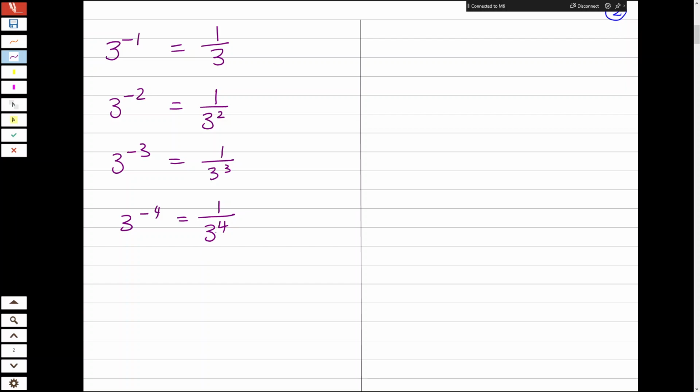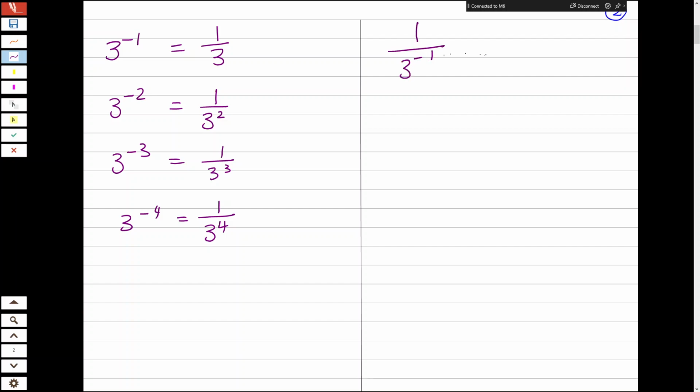How I think I've written it on the sheet. How can we put this in words? What's happening? If I have a negative power, what should I do? Just put a 1 over it, the power becomes positive. Thank you. So a fraction, 1 over the same thing, but with a positive power instead. Okay.